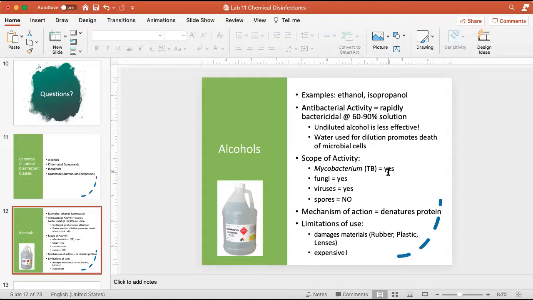If you recall from lecture, when we were talking about cell structure, Mycobacterium tuberculosis is a very unusual bacteria in that it can't be gram stained. It secretes this waxy material called mycolic acid.